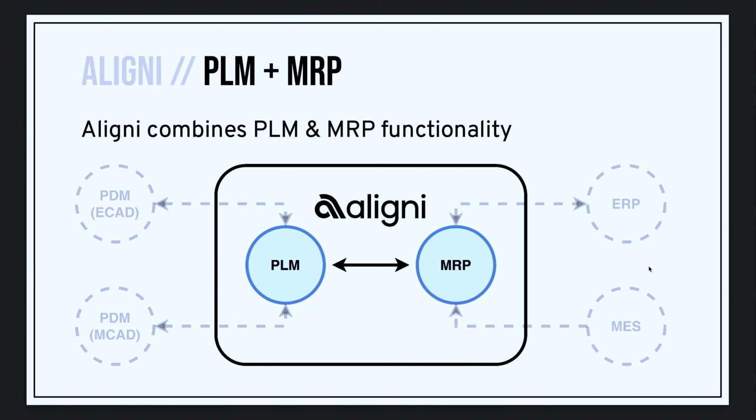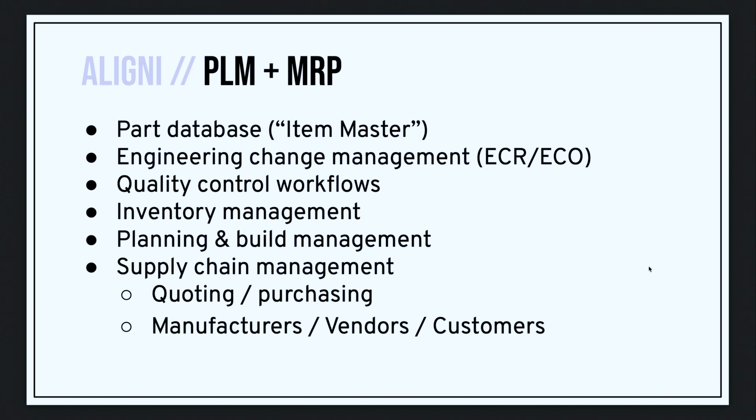Aligni is a combination of a PLM and an MRP. So it has functionality of both, and it's tightly integrated together so that you can use both the PLM and MRP aspects of the tool seamlessly within one user interface. It provides a part database, which they call the item master.